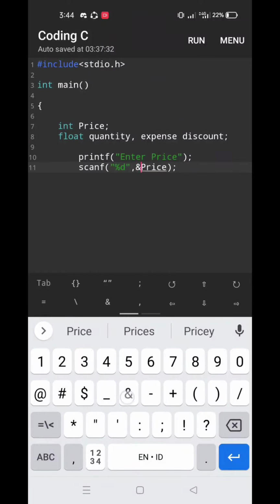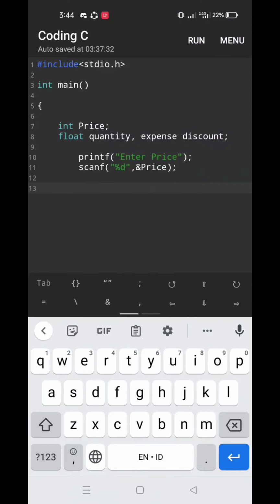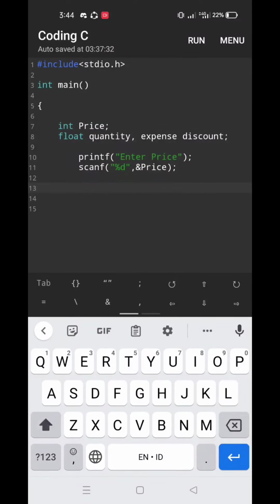We're going to put here an ampersand to get the variable, and another printf.